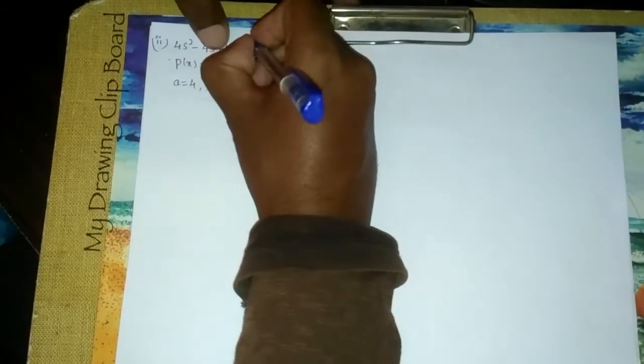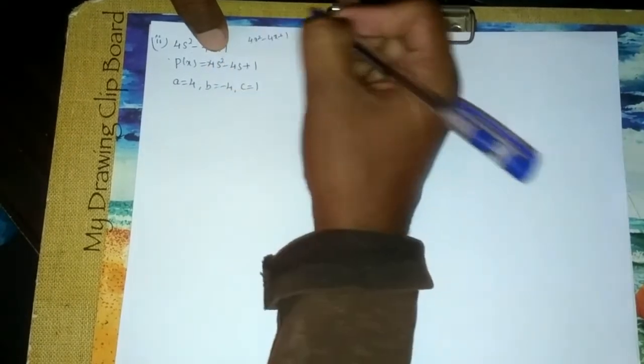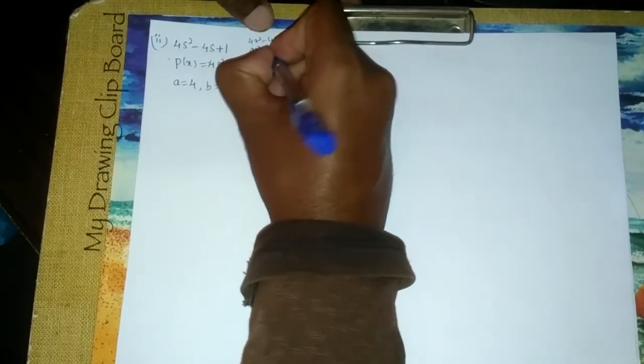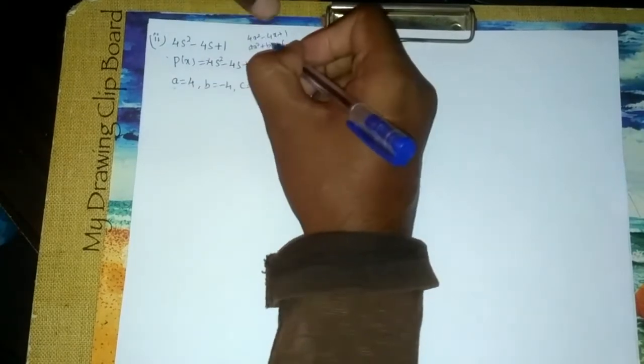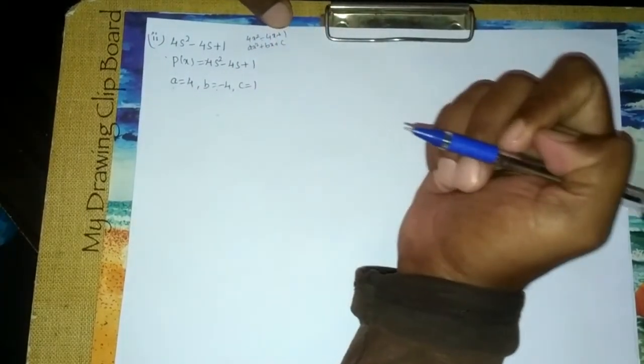Here a is the coefficient of s square; instead of x, it is replaced with s. So it is similar to 4x square minus 4x plus 1. We are comparing with ax square plus bx plus c. So a is 4, b is minus 4, c is 1.